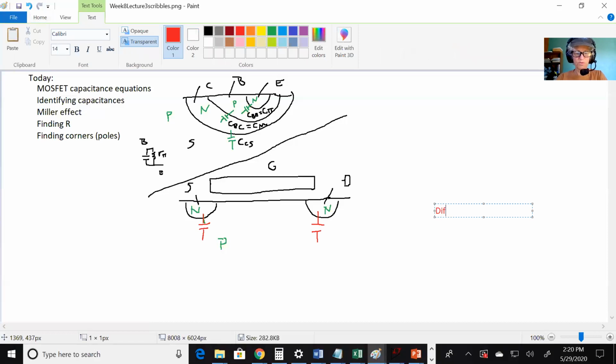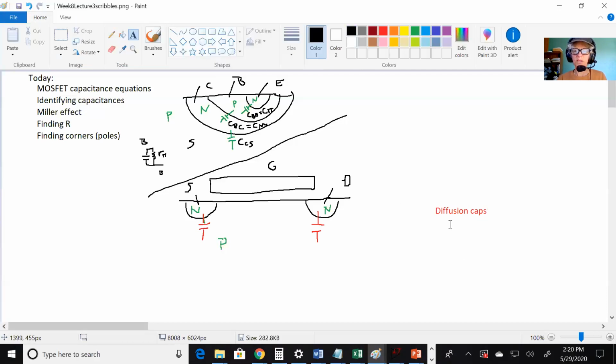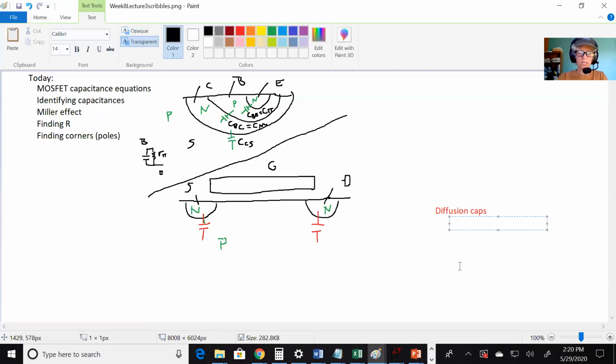So diffusion caps. And that would be your C drain bulk. If you used an S for substrate, then it gets confusing whether you're talking about the source or the substrate. So you see CDB, and over on the source side, it's CSB for source bulk.